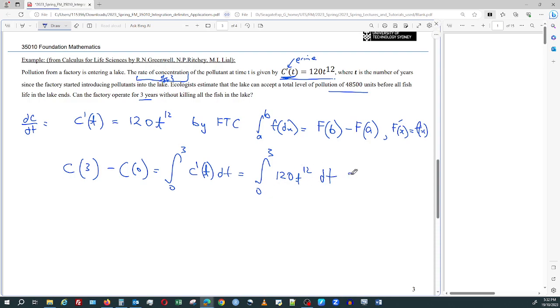So that's going to be 120 t to the 13 divided by 13 between 0 and 3 by the very same fundamental theorem of calculus.